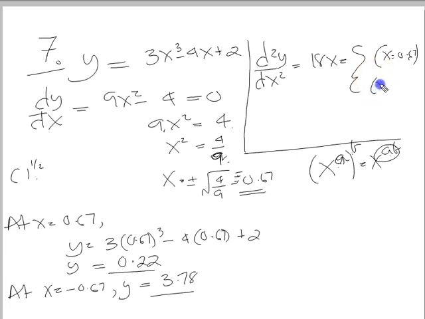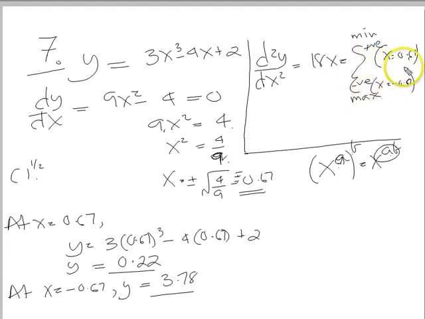And we've also got x equals minus 0.67. Alright, so you got 18 times something. That's positive. 18 times a positive thing is positive. So the top value positive, which is all we're interested in, that's a min. And 18 times a negative value, which is what this input is here. So 18 times a negative will be a negative. So that's all we're interested in really, so this will be a max.